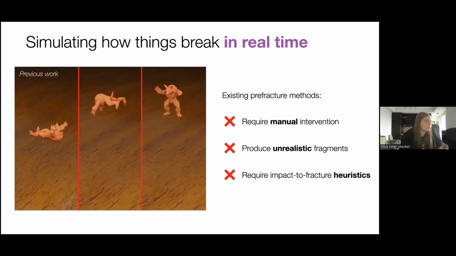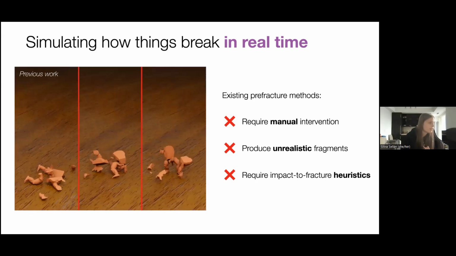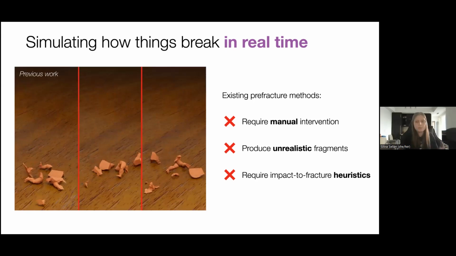In the extreme case, this means that when an object breaks, it usually breaks into the same pieces regardless of what the fracture was. So if you've played The Legend of Zelda, for example, and you throw a pot, the pot breaks into the same 4 pieces, regardless of whether you blew up the pot, threw it against the wall, or hit it with a sword. It's pre-computed. So this is another key issue with existing methods.